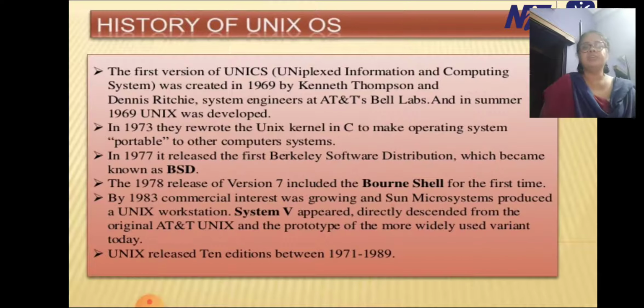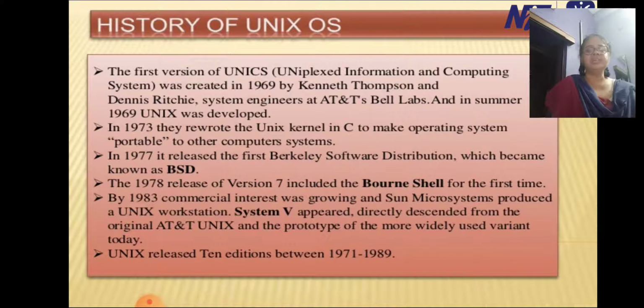History of Unix OS. The first version of Unix, Uniplexed Information and Computing System, was created in 1969 by Kenneth Thompson and Dennis Ritchie. They were system engineers at AT&T's Bell Labs, and in summer 1969 Unix was developed.